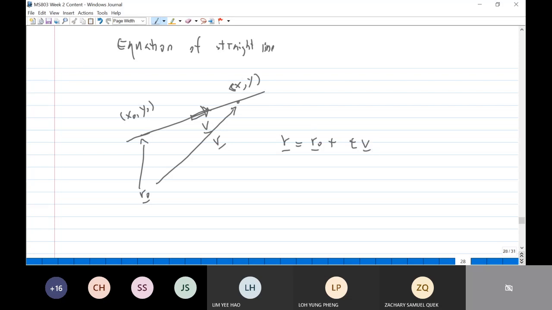Okay, v is here for the straight line. If you remember, in the equation of a straight line, there's a direction v, and then there's a fixed point.